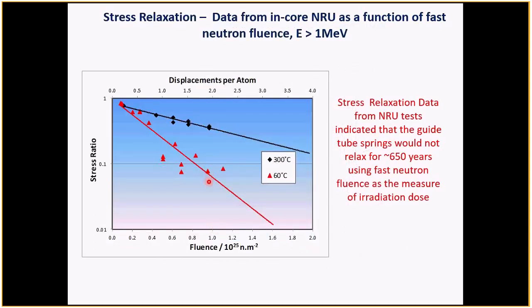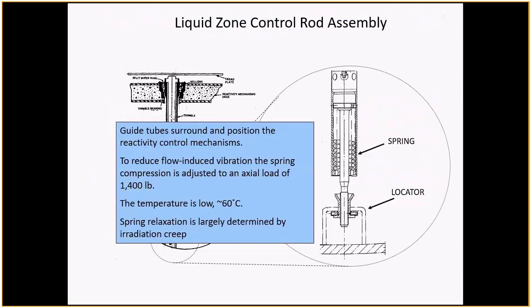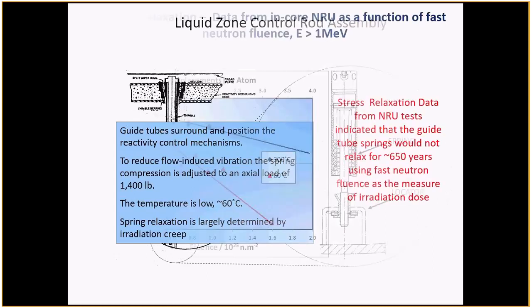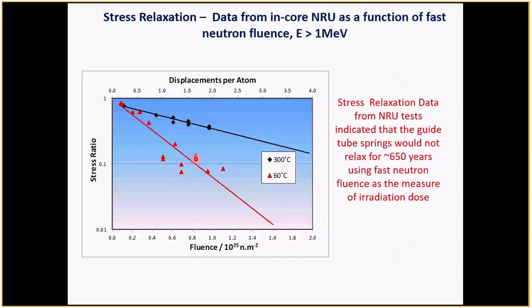So they looked at that and said, well, how long would it take us to get to this fast fluence? 650 years. So they had an assessment for Gentilly reactor, 60 degrees C, use this curve, use that fast fluence, find out how long it would take to get that fast fluence at this part of the assembly here, 650 years, don't worry about it.